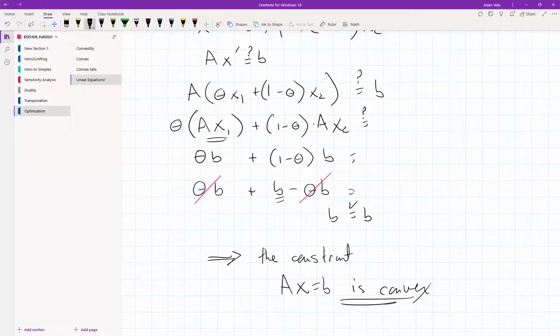And this is always true. It doesn't matter what your A and b are, it will always be convex. So that's pretty cool. All right. So linear equations are convex.